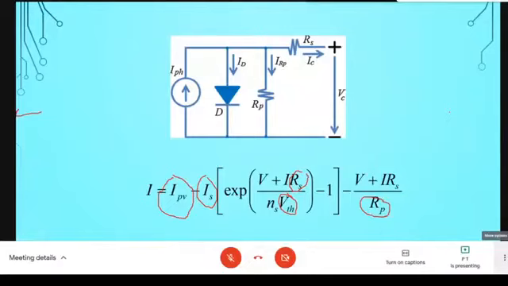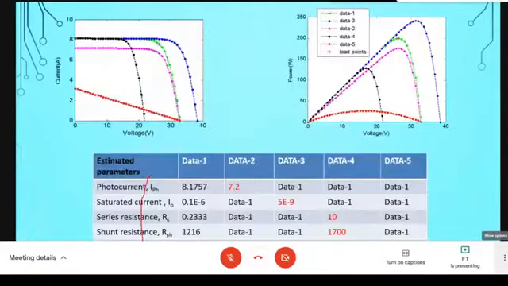Because if due to some reason there is any error in determination of these five parameters, then you can see in this plot that I have considered these five parameters and randomly considered the data.